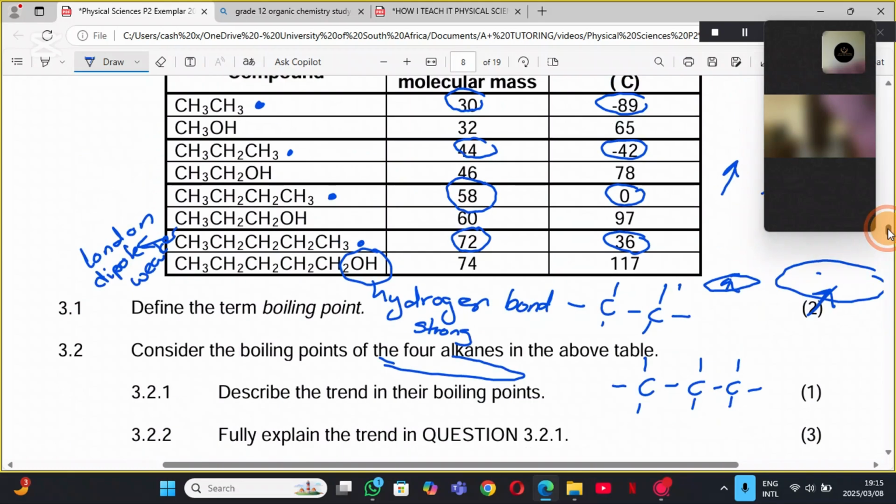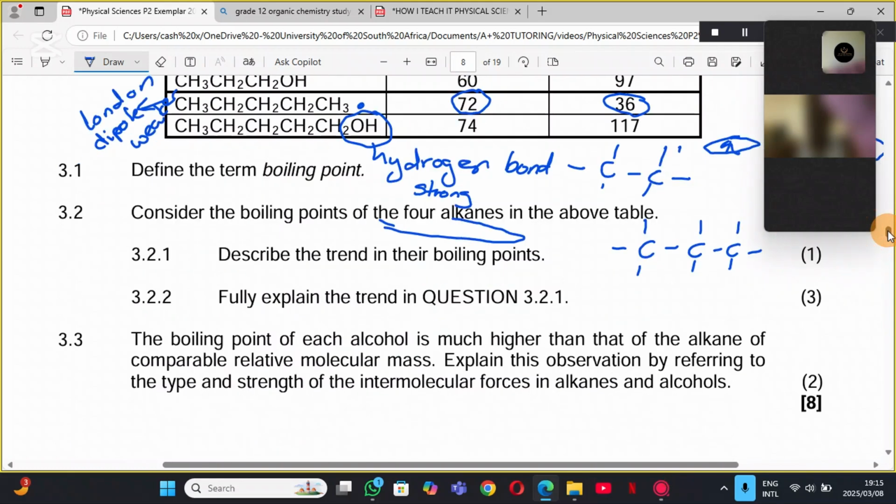When they say that the boiling point of each alcohol is much higher than that of an alkane of comparable relative molecular mass, they mean, for example, here this one of 72 and 72, if you draw them, we have 1, 2, 3, 4, 5 carbons, and here we also have 1, 2, 3, 4, 5 carbons. So in a way they are similar. The only difference is that this one has a hydrogen where this one will have an OH.